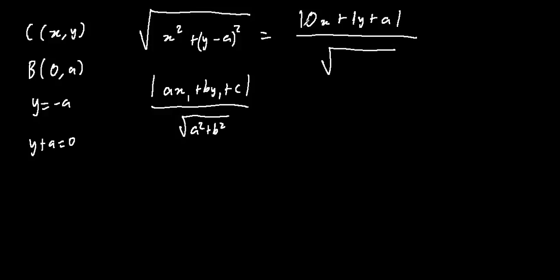Now my a here is 0, so 0 squared plus 1 squared. 0 squared plus 1 squared is 1 squared, and the square root of 1 squared is just 1. So I can write this as the absolute value of y plus a all over 1, which is just the absolute value of y plus a.